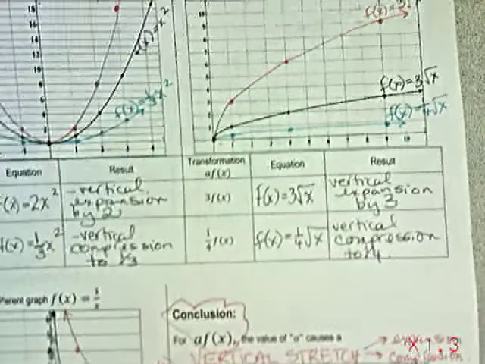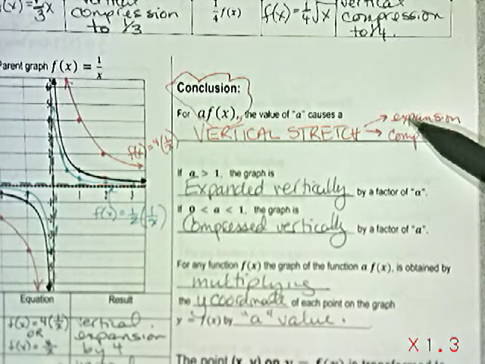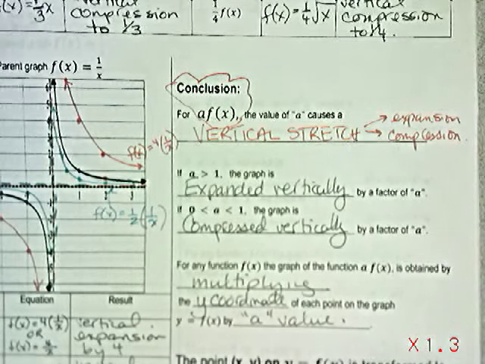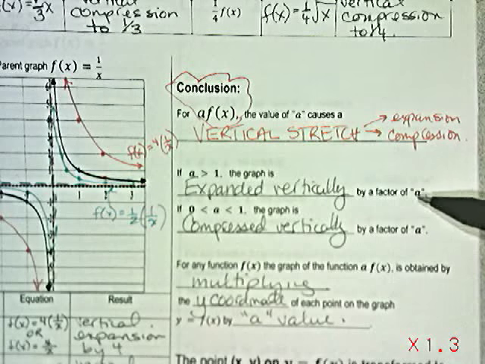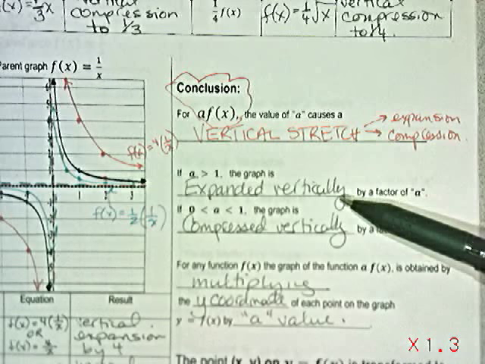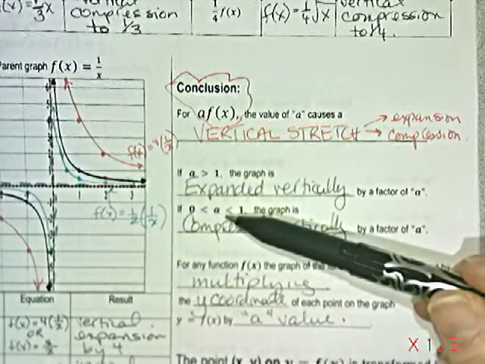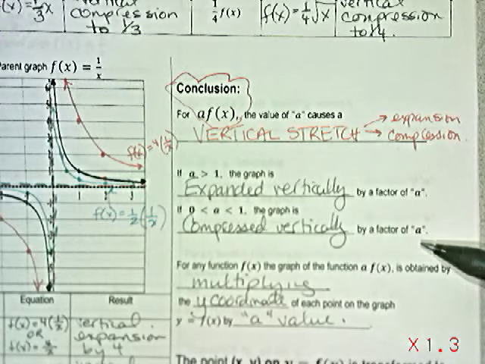And so we concluded that an A value was responsible for a vertical stretch factor, which could be an expansion or a compression. When we had a value of a bigger than 1, we could count on our graph expanding vertically. When we had a value of a lower than 1 but still positive, we compressed vertically by that factor of a.